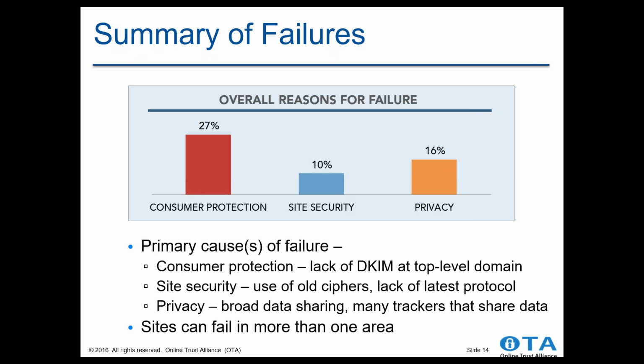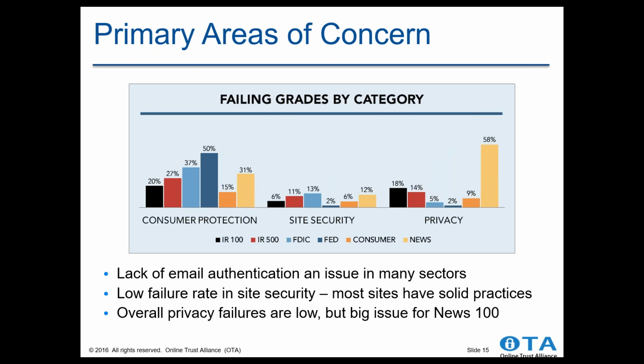Most sectors had a very low failure rate in privacy, but where it did exist, it was either due to broad data sharing practices where they did not state in their privacy policy that they wouldn't share data, or we found trackers on their sites that did share data broadly, and Craig will go into that category more specifically a little later on. Note that sites can fail in more than one category.